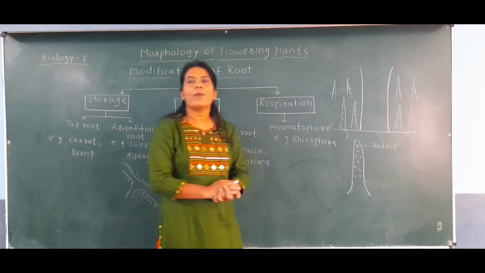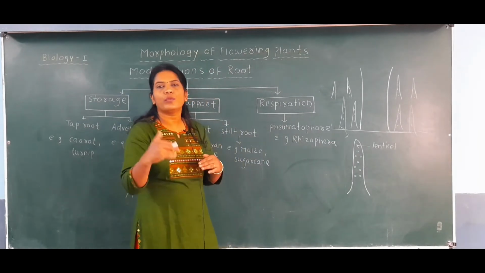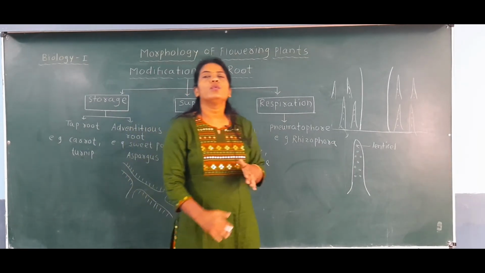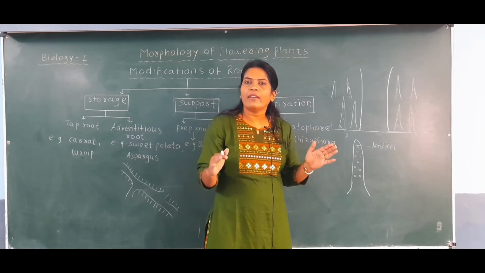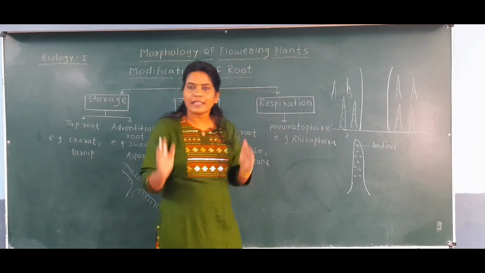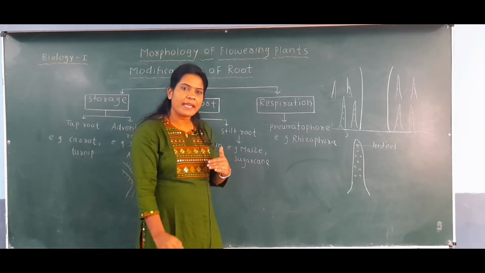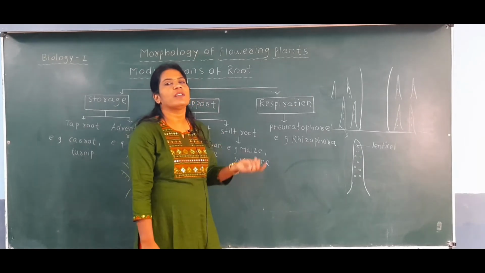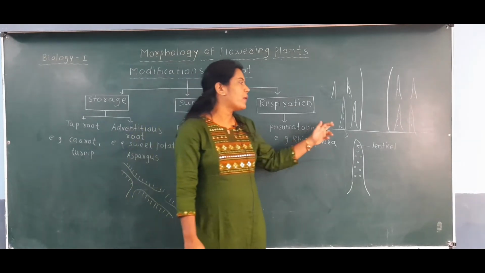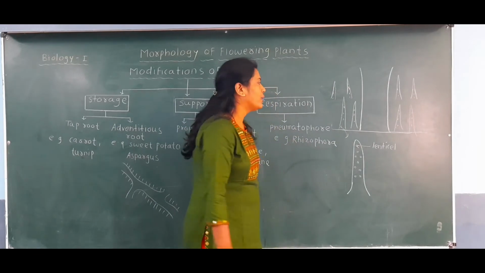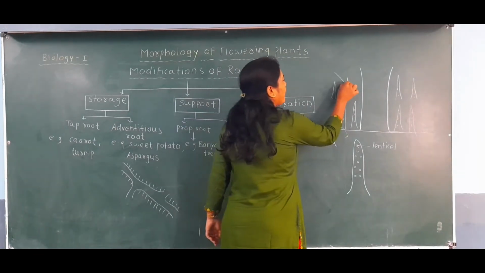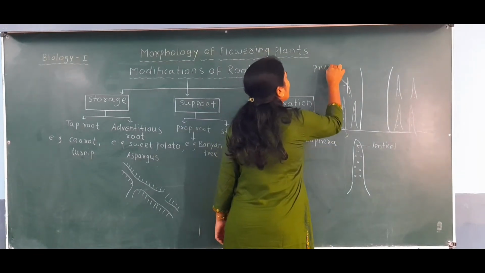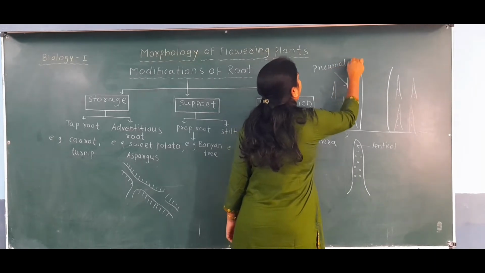Those roots develop only in plants whose roots are waterlogged, whose roots are always present in the water, in the saline water, in the swampy areas, and to get oxygen for respiration, upwardly directed roots are developed, and those roots we have labeled with the name pneumatophore.